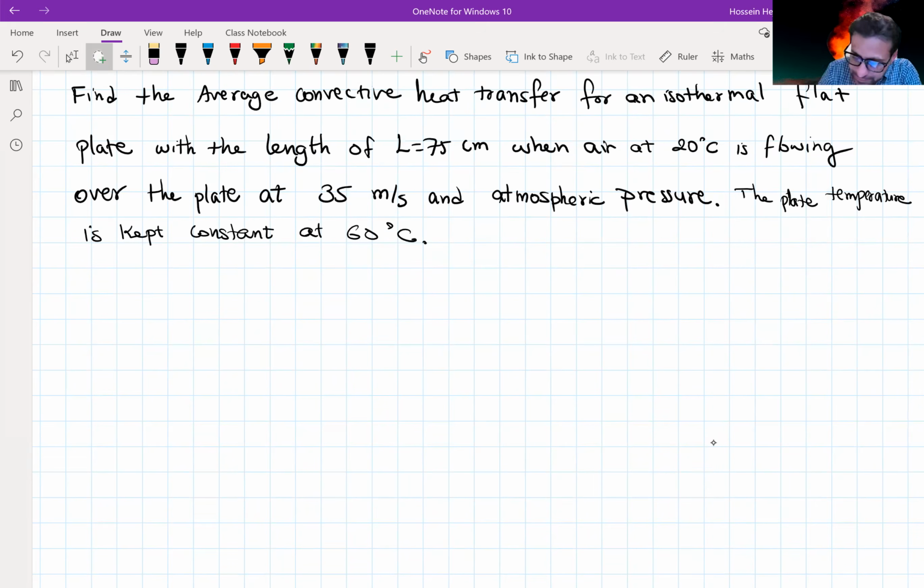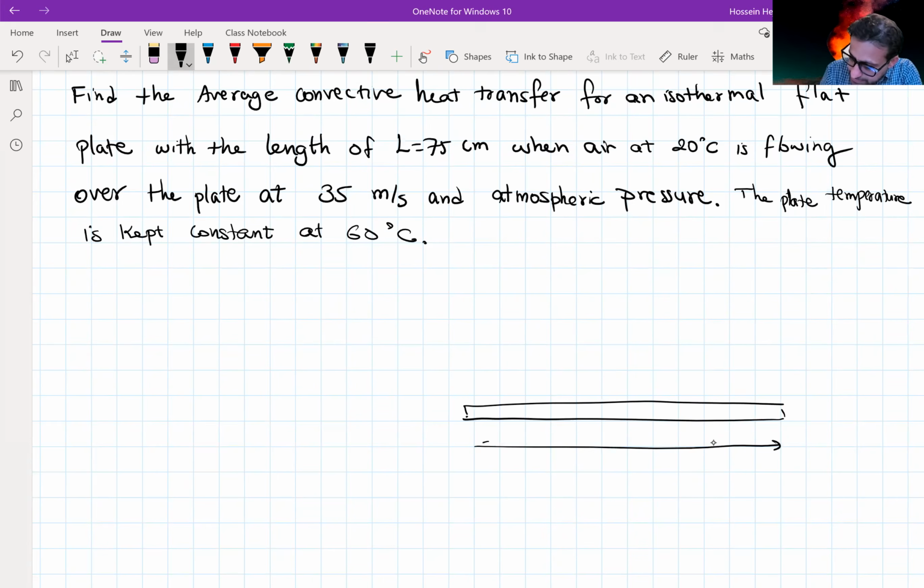And as a schematic of that one, this is the plate that we are dealing with. The length of the plate is 75 centimeters. Temperature of the plate, Ts, is 60 degrees C. And we have a fan, or it's just outside, that air is flowing.